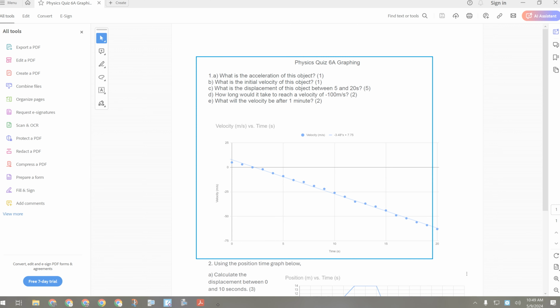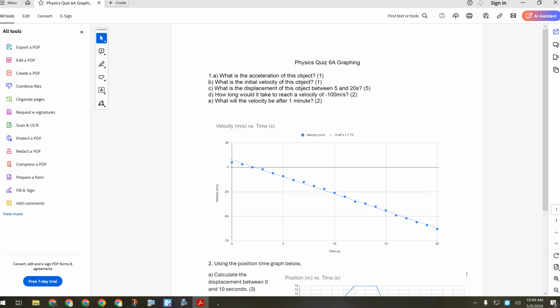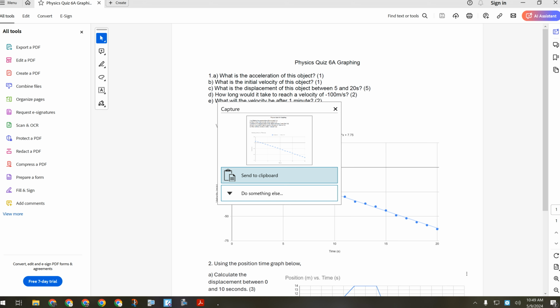Brace yourself for the loud camera click. Sometimes it startles me. Yeah.